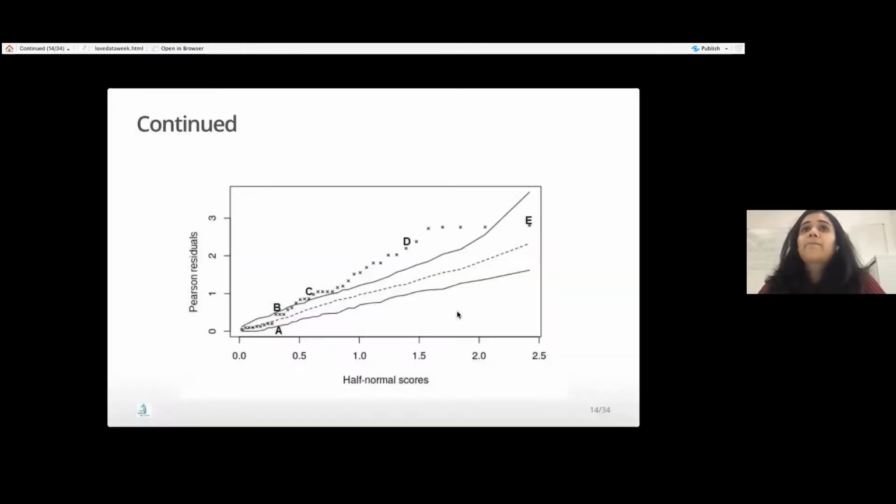So this is a plot for overdispersed data, consider it a half normal plot. Points A, B, and E are falling inside the envelope. But how do we distinguish between these points? Which measure can be used?